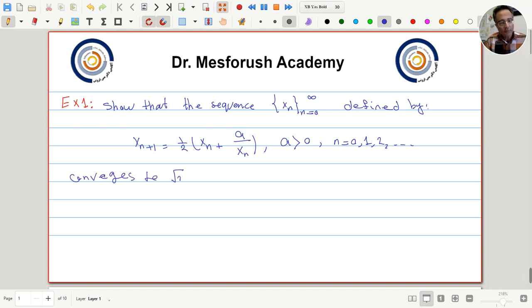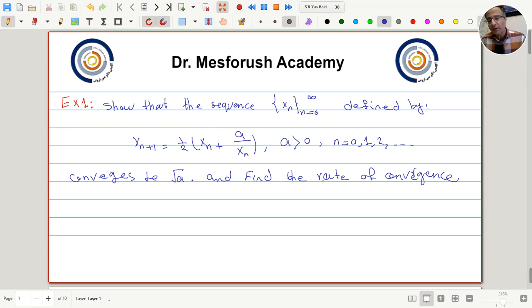to square root of a and find the rate of convergence. In fact, I want first to show that this sequence converges to square root of a, and in the second part I want to find the order of convergence.